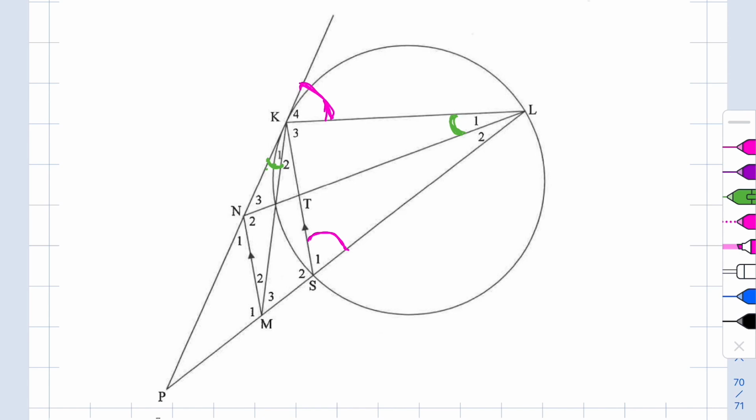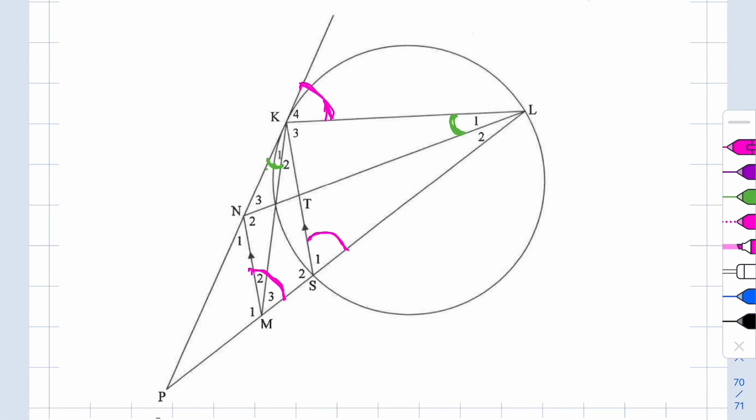And then if we look at the parallel lines, we have corresponding angles because there's our F because of the parallel lines. So angle S1 equal to M2 and M3. So this is the angle that is equal to S1.